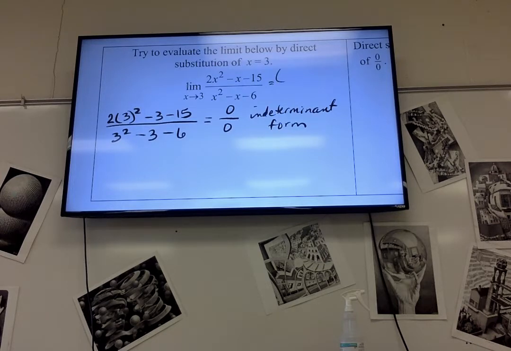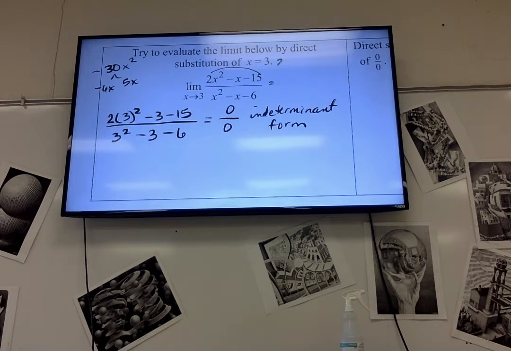Let's pull out a 2. We can't pull out a 2 on top. What multiplies to give us negative 30 and adds to give us negative 1? Negative 6 and positive 5.